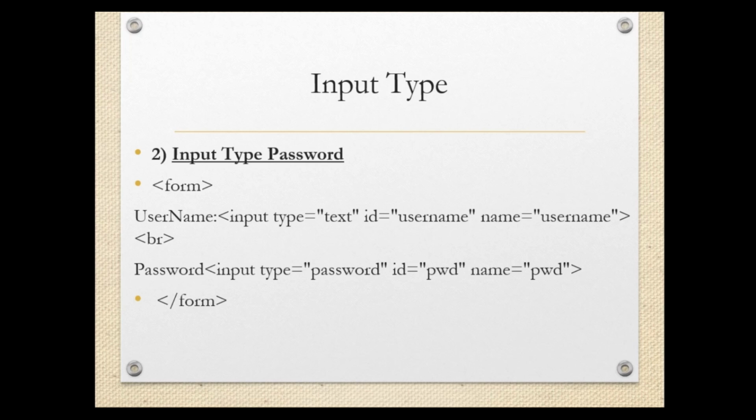Username, input type equal to text, id equal to username, name equal to username. Password, input type equal to password. When we are taking input type equal to password, it will not show you the alphabets or words, but it will show you symbols by which your password will be hidden. id equal to pwd, name equal to pwd. Again, these are nothing but the attributes of input. Closing of my form tag.